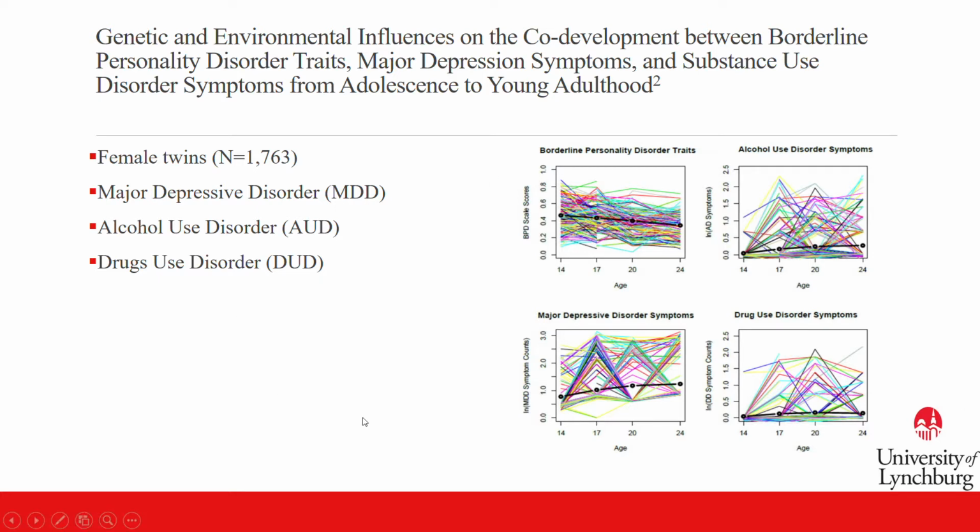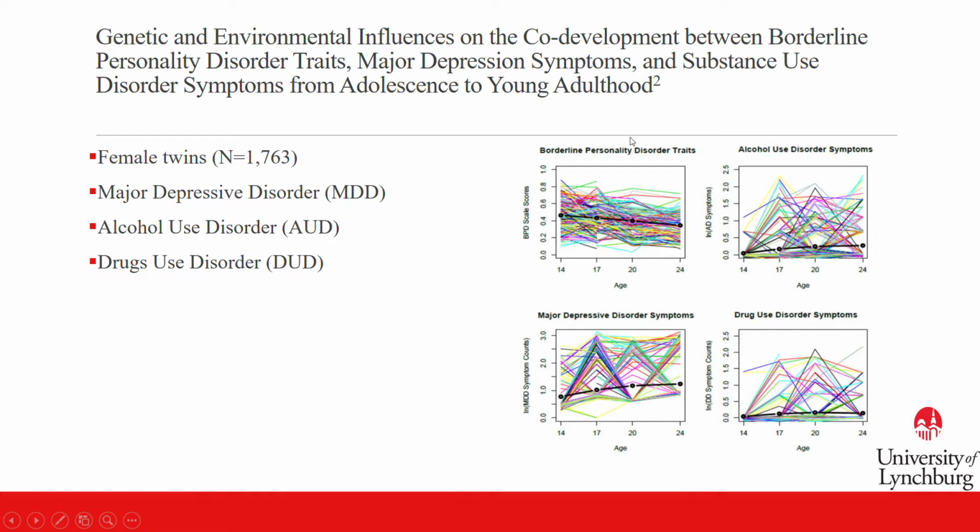As shown in these figures, there was a biometric latent growth model that looked at the environmental and genetic factors, which showed that BPD rates predicted a greater rate in AUD and DUD symptoms. As you can see here, alcohol use disorder symptoms were higher in those with BPD, and major depressive symptoms were also high in those diagnosed with BPD.